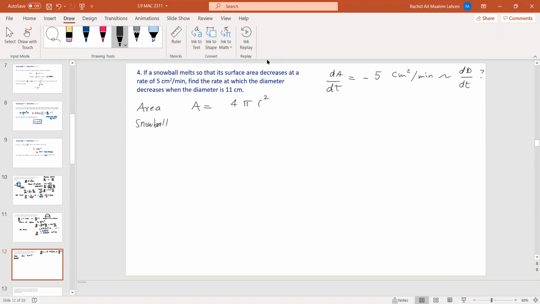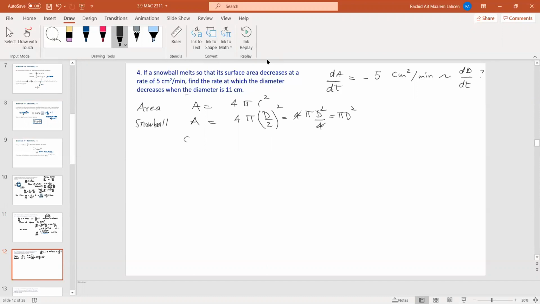Since we're given diameter, let's change it. The radius is D divided by 2, squared, so it's 4 pi D squared over 4, which is pi D squared. Somebody might put it that way from the beginning.